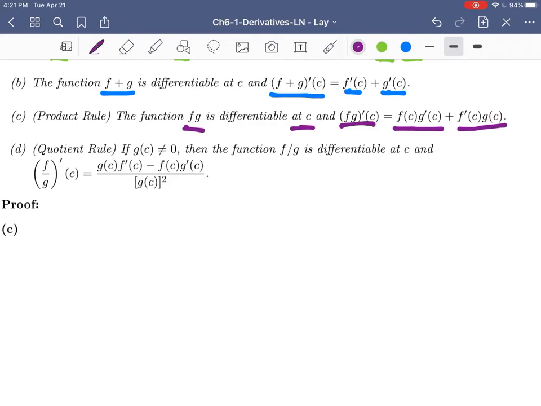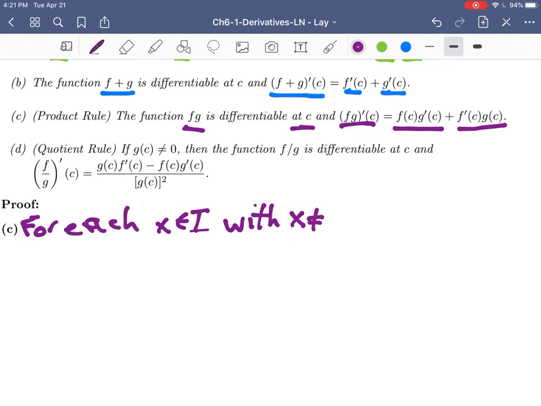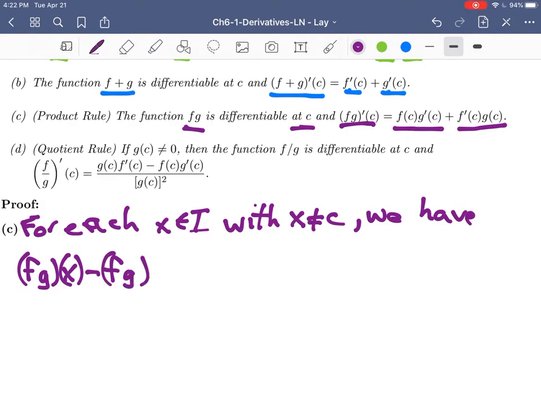So let's go through and prove this. To prove this, for each x in I, with x not being equal to c, we have f times g of x minus f times g of c over x minus c.